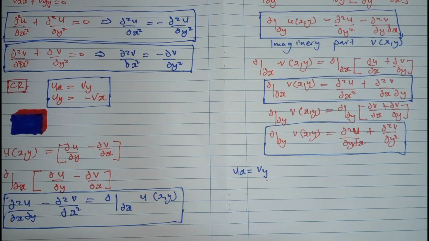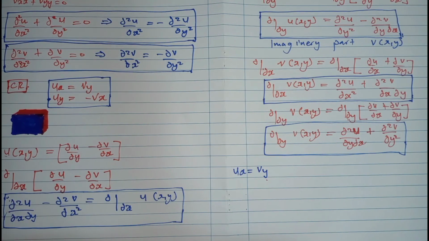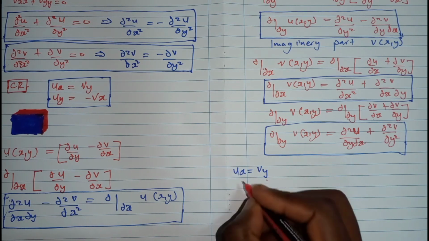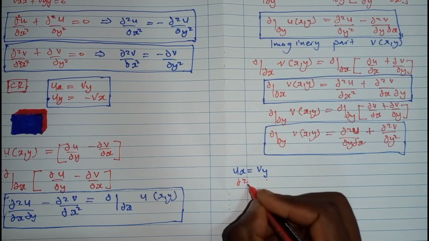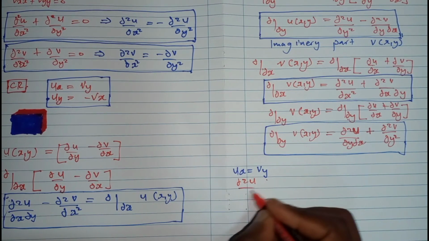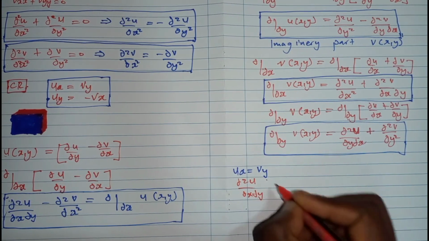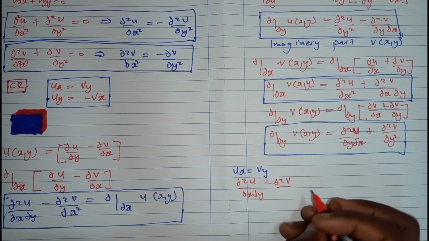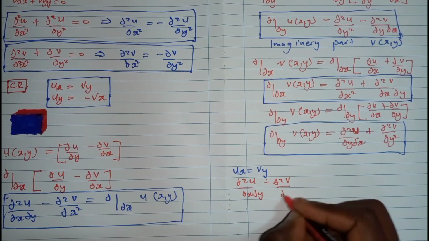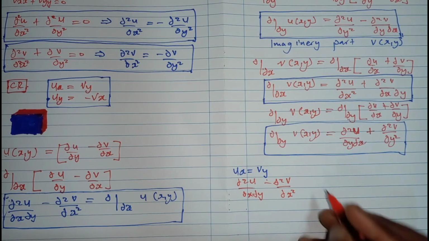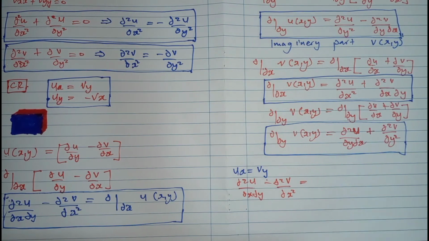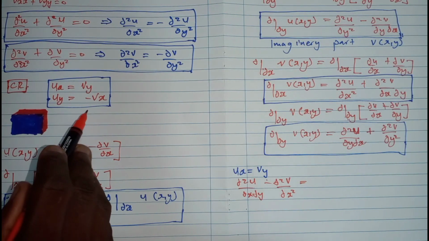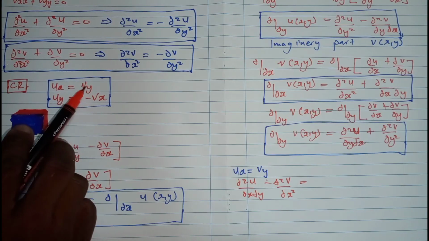So my ux is right here. Let me write that one in red. So we're going to have partial 2u partial x partial y minus partial squared v, this is partial 2 over partial x squared, and I want to see if this is equal to vy.